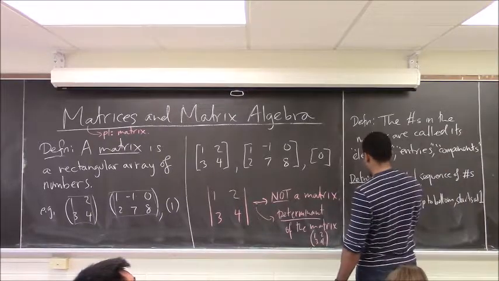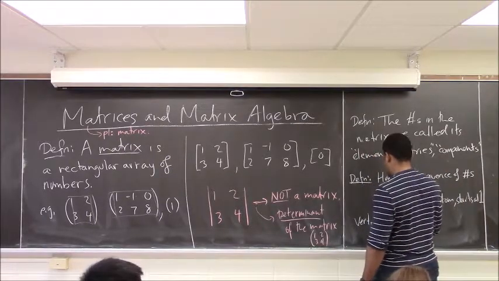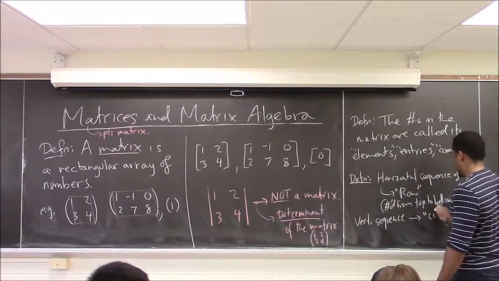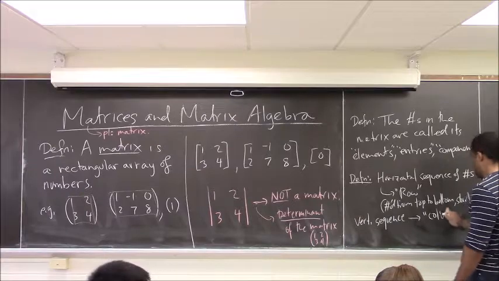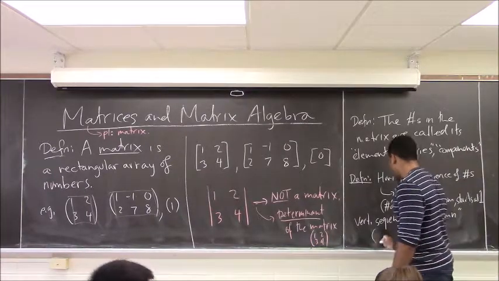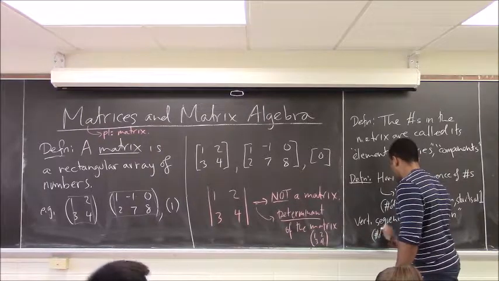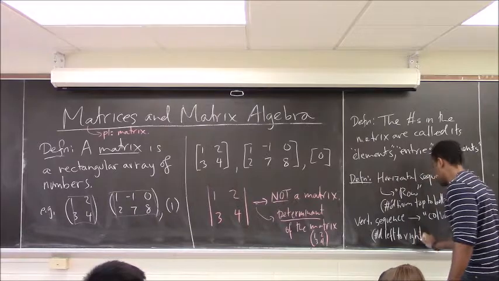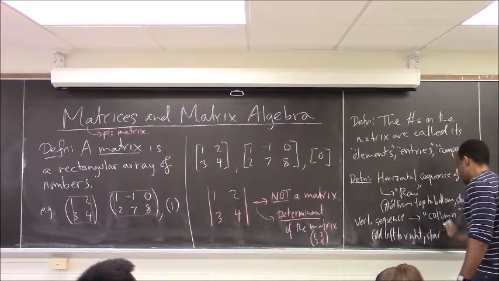A vertical sequence is a column, and these are numbered left to right. And again, starts at 1.